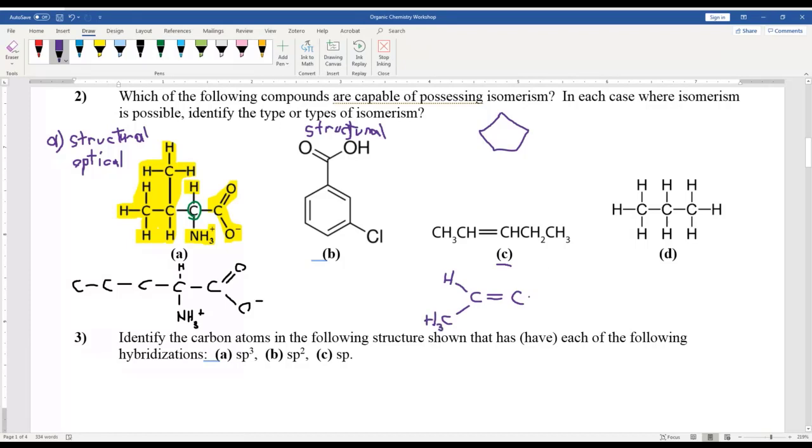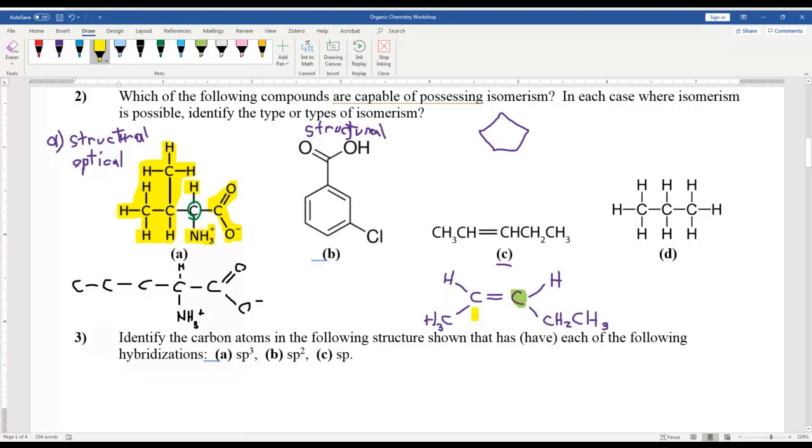And on the other one, there's a hydrogen attached to that double bonded carbon and a CH2CH3. So are there two different groups on the right-hand double bonded carbon? Yes, there's two different groups attached to it.